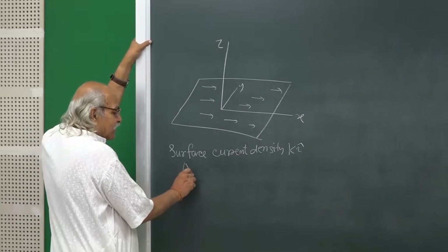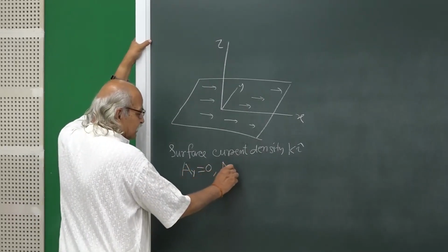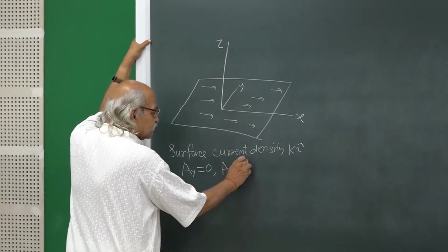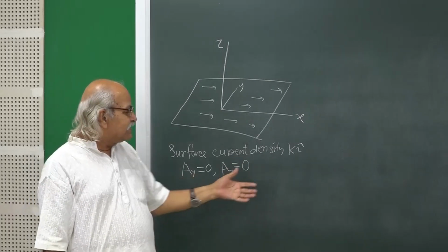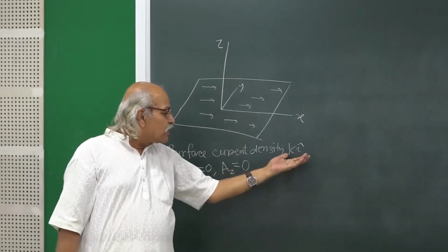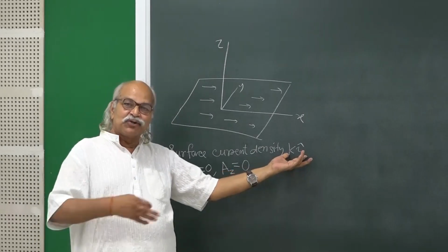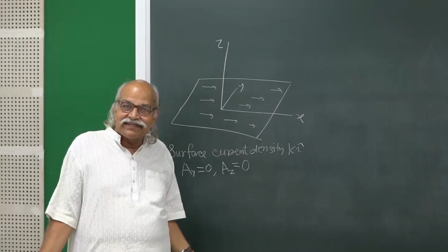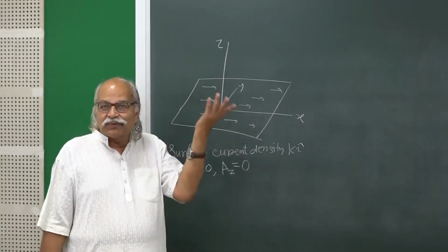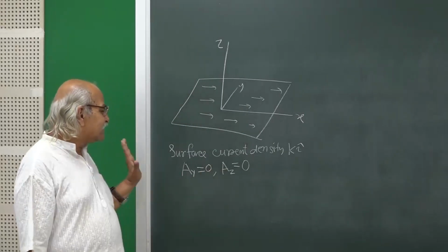Therefore, Ay will be 0 and Az will be 0, first thing. Because for getting Ay, we will take the y component of the current density, which is 0, and if you assume that is the charge density, there is no charge density. So, no potential, 0 potential everywhere. So, Ay and Az are 0.